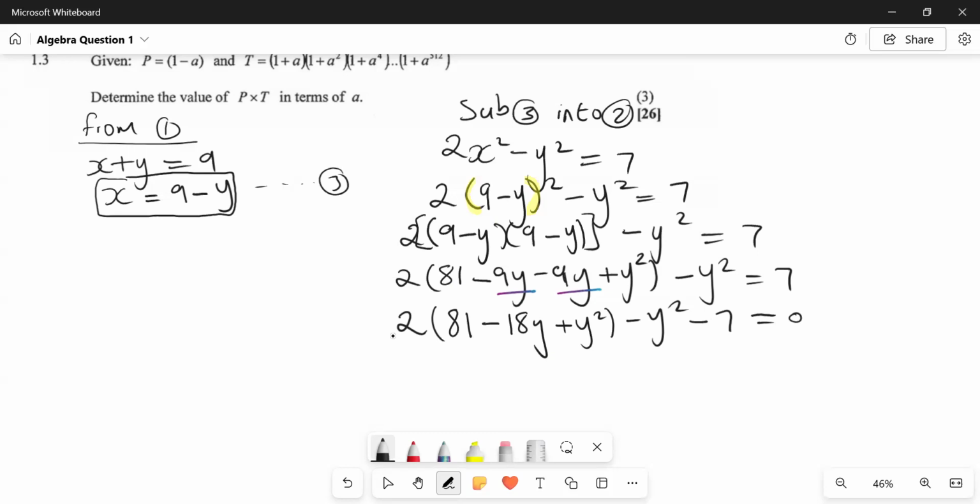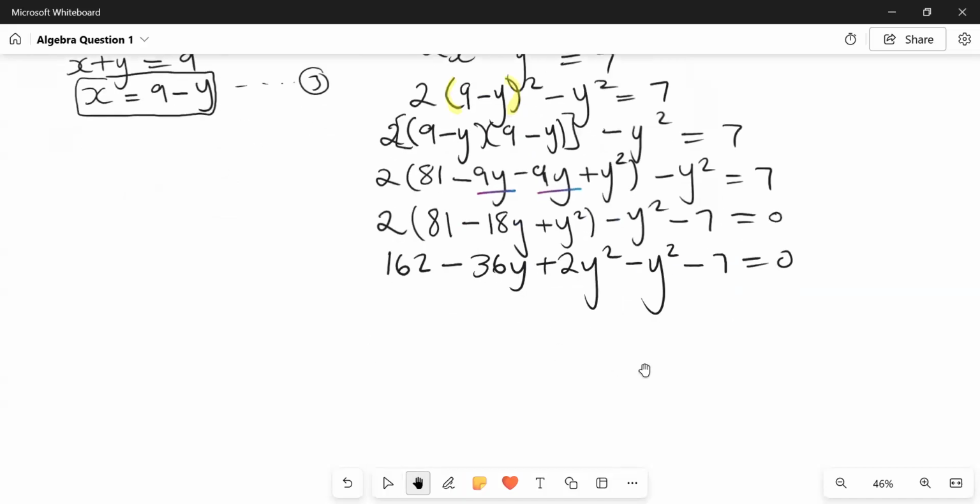So we distribute the 2, the number in front of the bracket. So 2 times 81, that's 162. Minus 2 times minus 18, that's negative 36y. And then 2 times 1, that's positive 2y squared, minus y squared, with minus 7 equals 0.